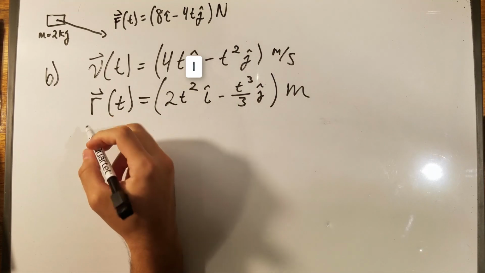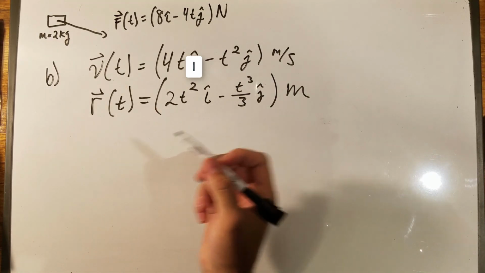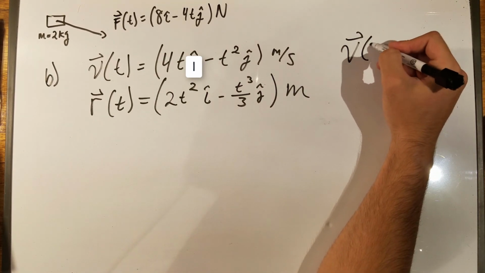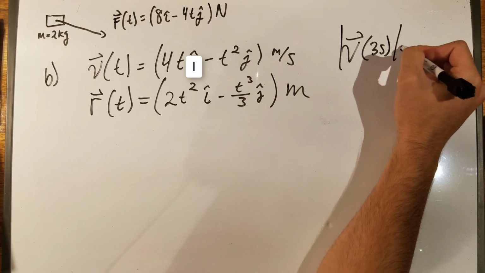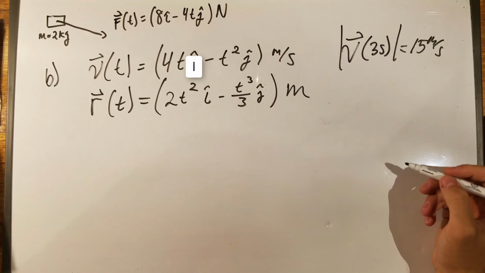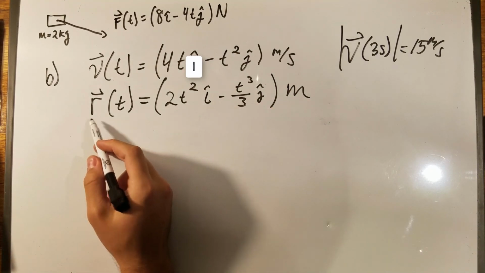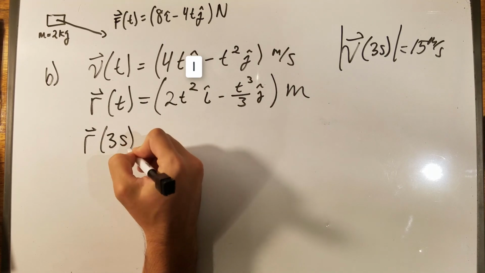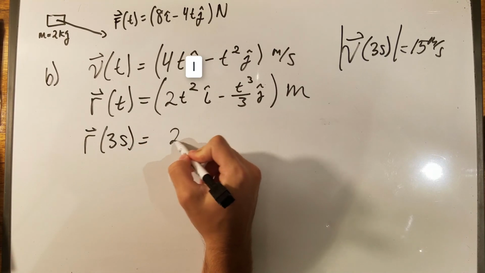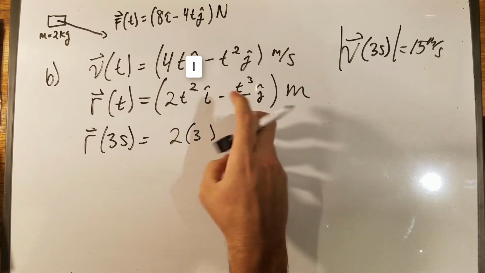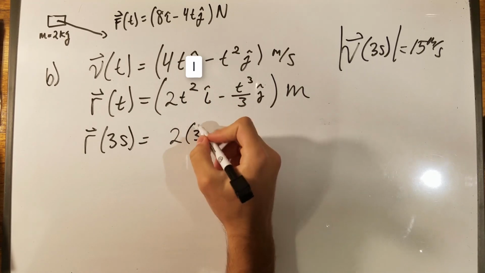Then because we found that v at 3 seconds is equal to 15 meters per second, we want to find the r vector at 3 seconds. That's easy. You plug in 3 seconds. We already factored out our units here.